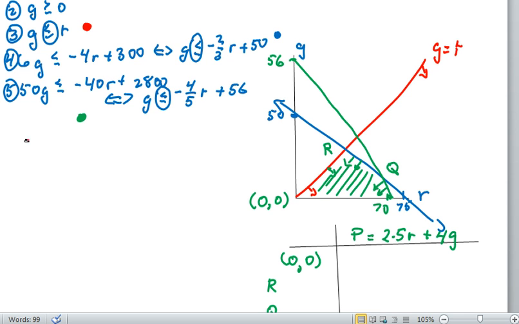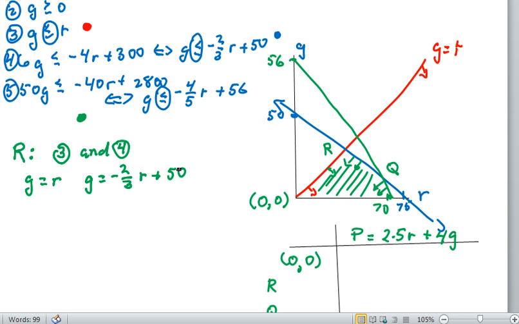So looking at R, we see it is at the intersection of the blue and red, which is constraint 3 and 4. Those boundary conditions are G equals R and G equals negative 2/3 R plus 50.